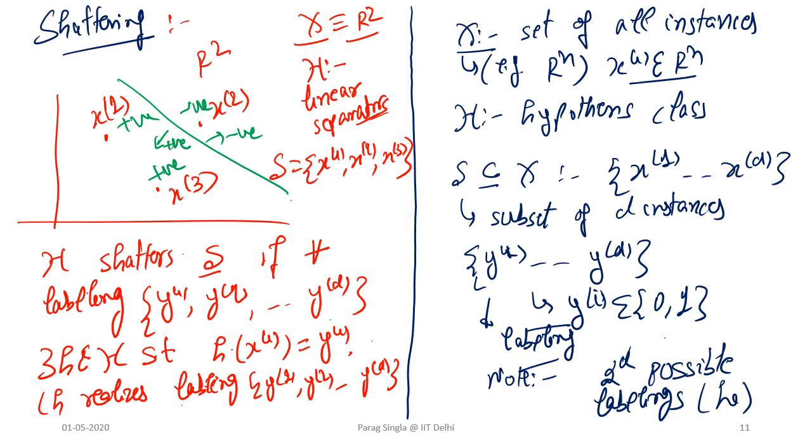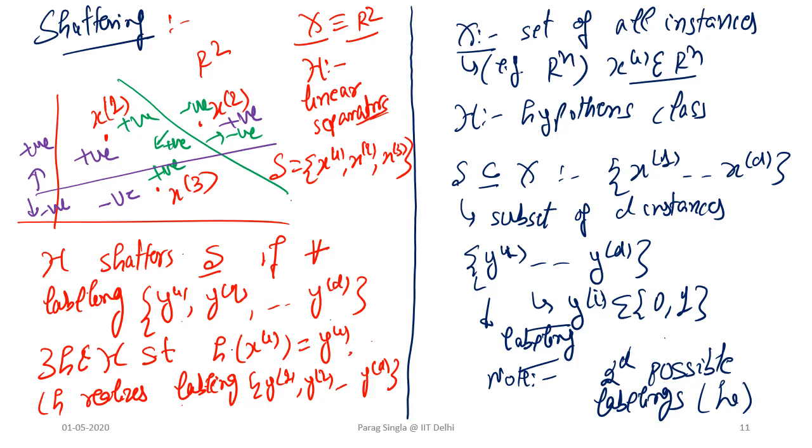And further, maybe there is a different labeling now. Let's say this is positive, but this is negative, and this is positive. This labeling can be achieved by this purple separator, where everything on the top is positive and everything on the bottom is negative. Let's try one more example, maybe with yellow color.